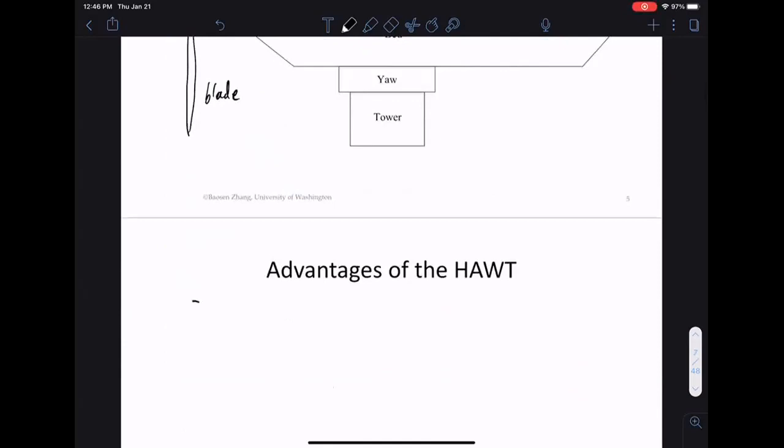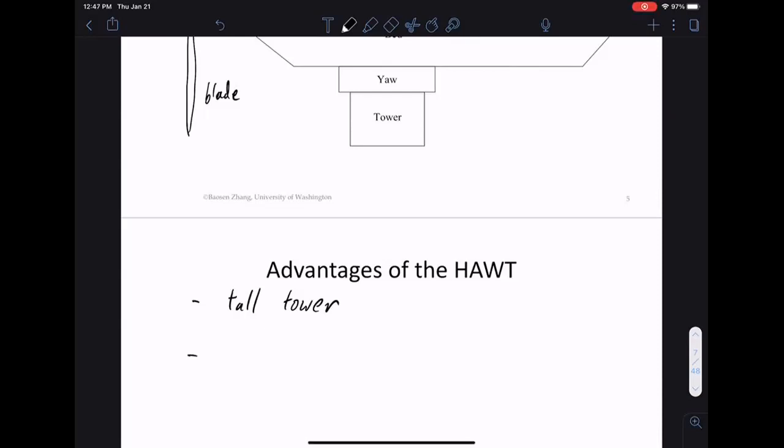This is just a tall tower. As we said earlier in the class, the power scales with a cubic relationship with speed, so you want a really high speed. That's why you build a very tall tower.